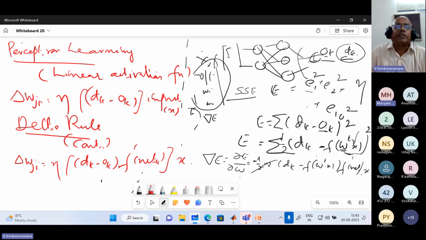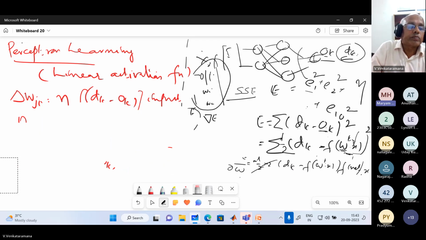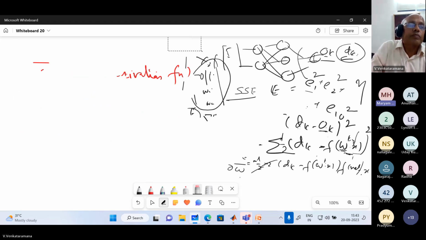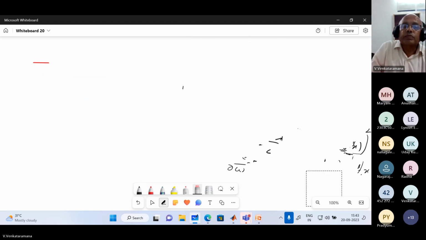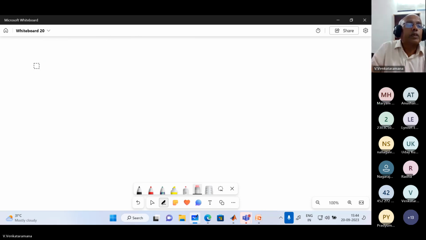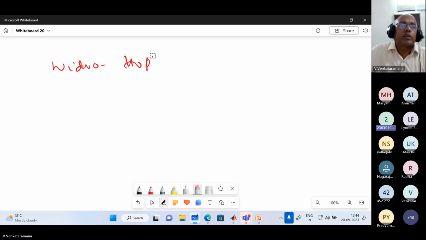Now, the last one which we are talking about is the Widrow-Hoff learning rule.